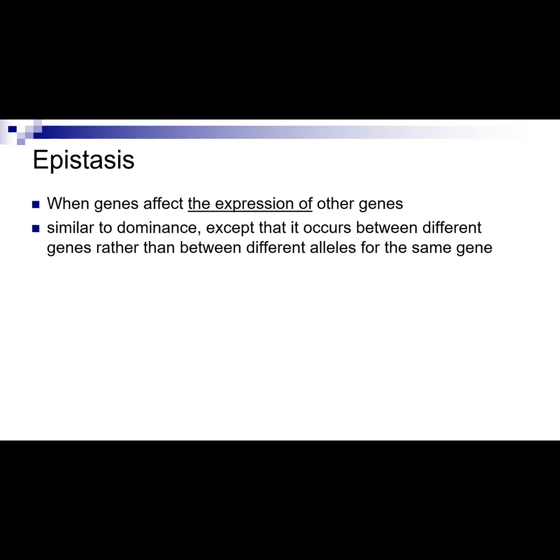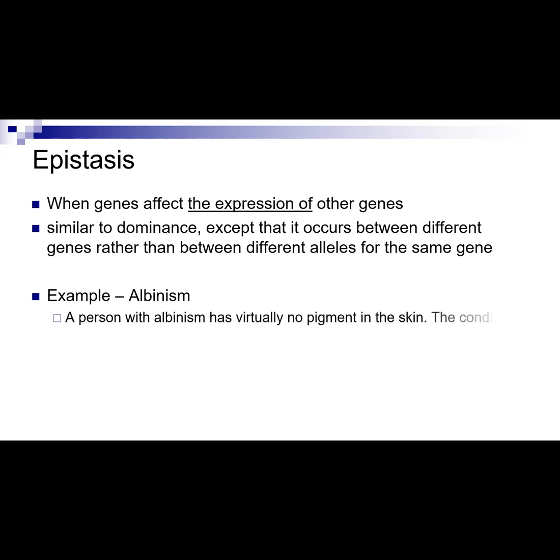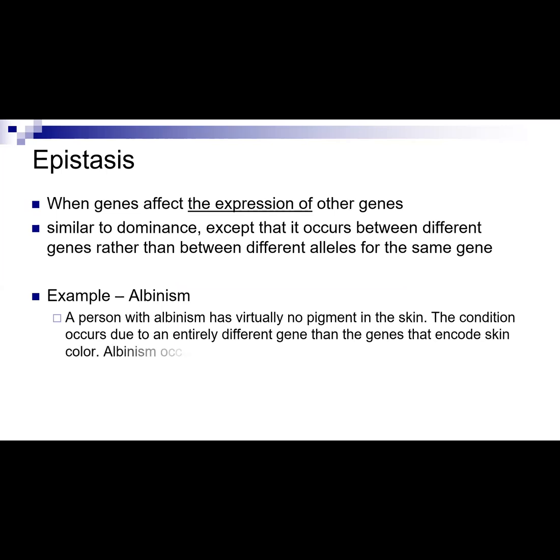So the expression of some genes can impact the expression of other genes. So you might have a genotype that codes for making a certain wing pattern in pigeons, but if you have a genotype for something else, you're going to see that it kind of crosses off and negates that wing pattern. An example in humans is the gene for albinism. Albinism is a genetic skin disorder. That person doesn't make skin pigment.